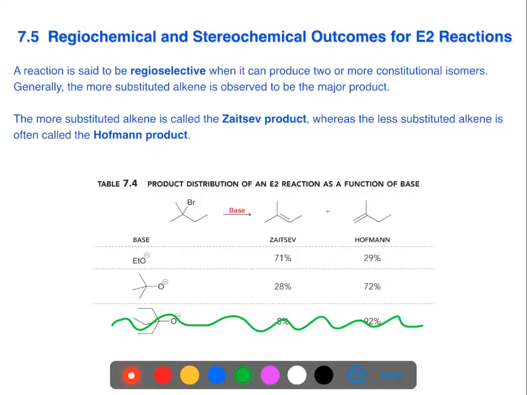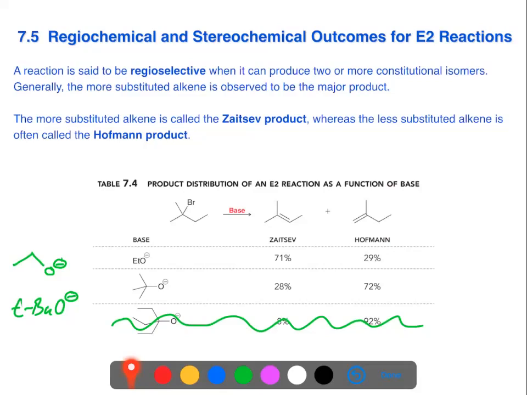So the ethoxide, which can also be drawn in this manner, and the tertiary butoxide drawn below, which can also be abbreviated t-BuO-. If we compare the product distribution obtained when these bases are used, we observe that for the ethoxide, we generate about 70% of the more highly substituted alkene, whereas only 30% is the di-substituted.